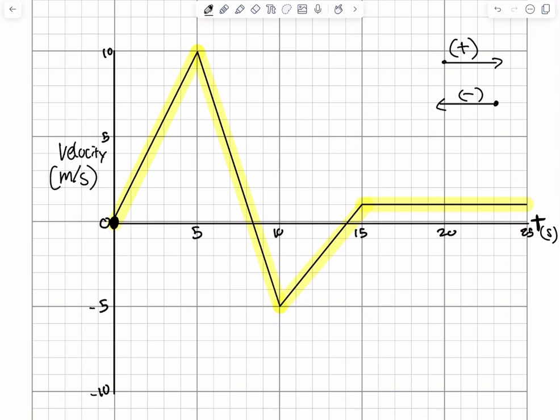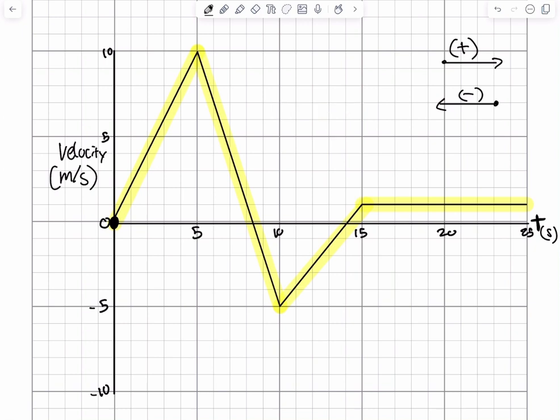But our velocity time graph depicts something else. When the line is constant and straight, not moving at all, we're at a constant velocity. That means from 15 seconds all the way to 25 seconds, our velocity is +1 meters per second. So our object is still moving to the right at 1 meters per second, but it's not changing its velocity at all.